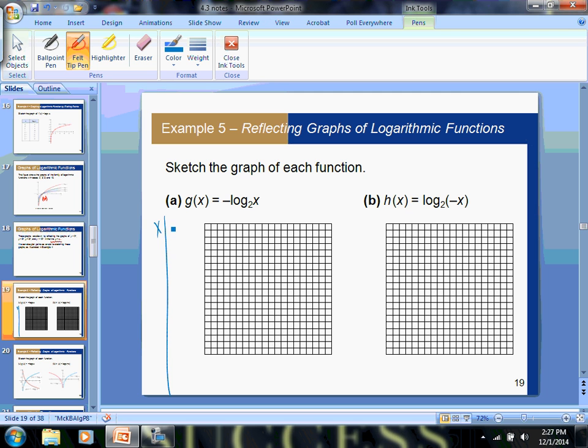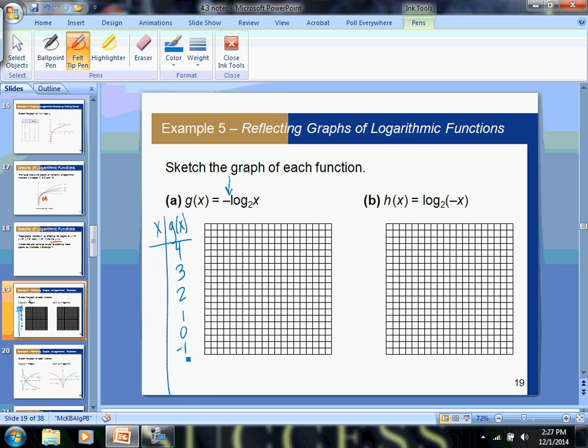Now, this is the property of transformations that I want you to remember. If I put a negative out in front of the whole function, that's going to change my y values, or in this case, my g of x values. So instead of having -4 to +4, I would start with 4, 3, 2, 1, 0 for my table of values.